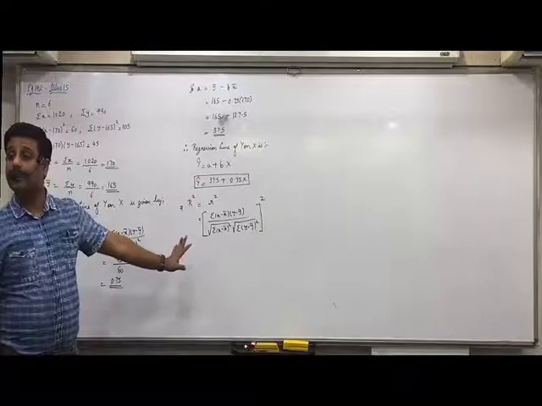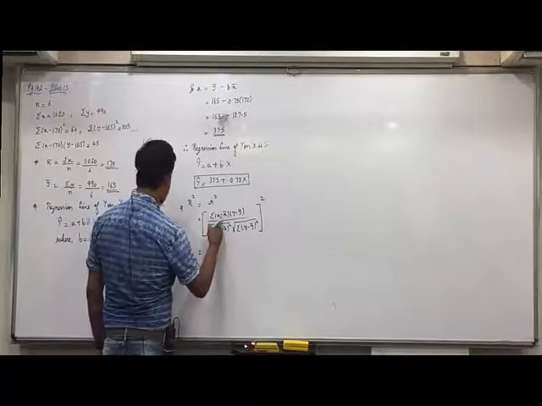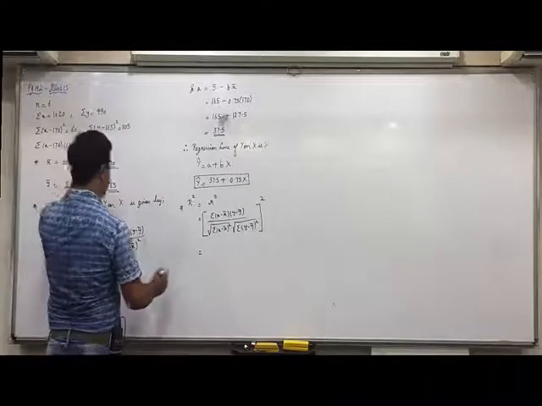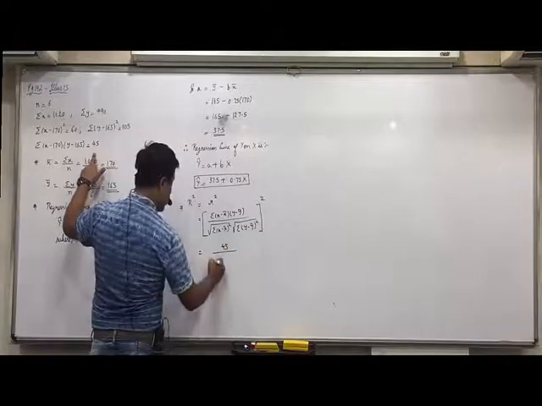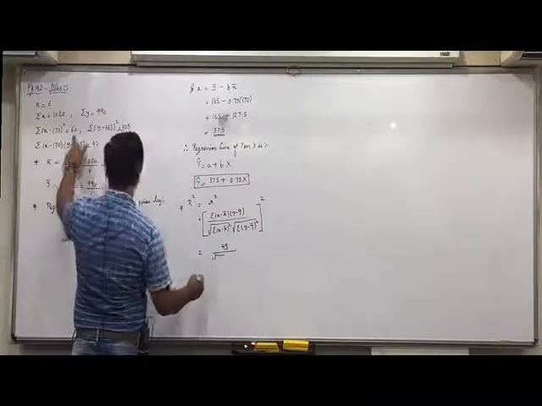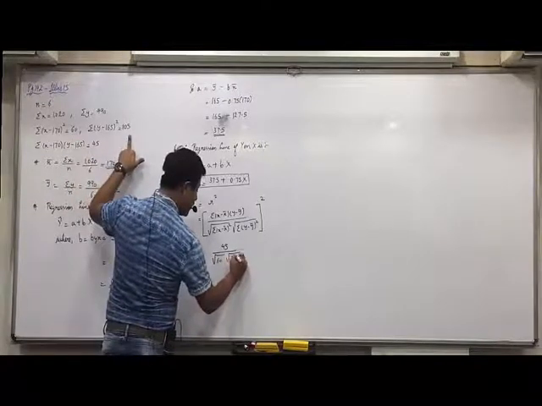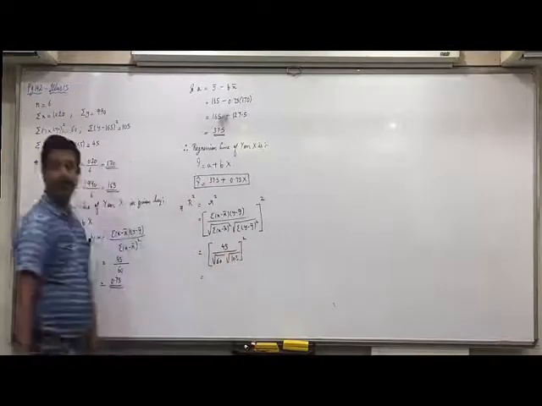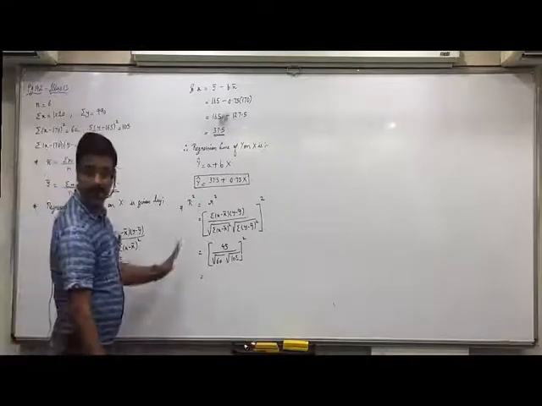Raise your hand. Now if you square the numerator, then what is sigma x minus x bar into y minus y bar? 45 upon square root of, what is sigma x minus x bar whole square? 60 into square root of 105 whole square. Raise your hand who is not clear with this. Any doubts with this?